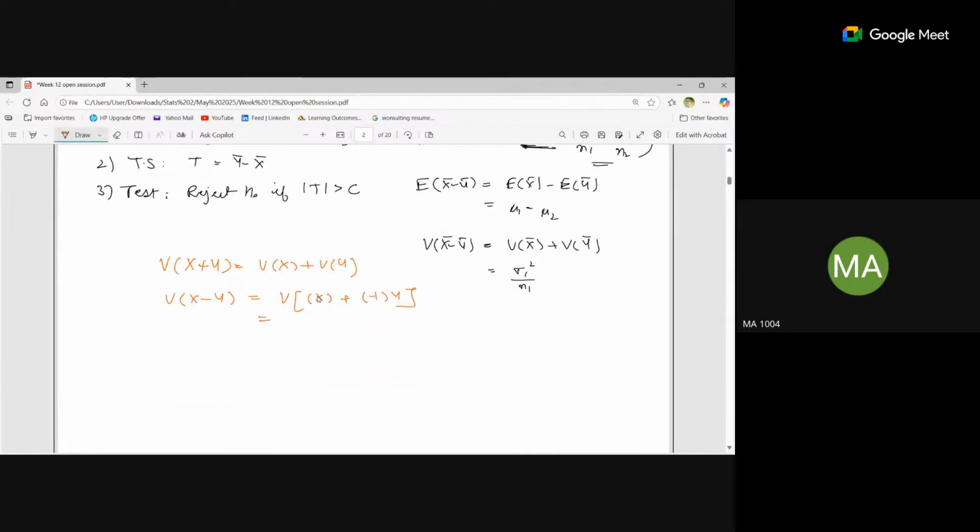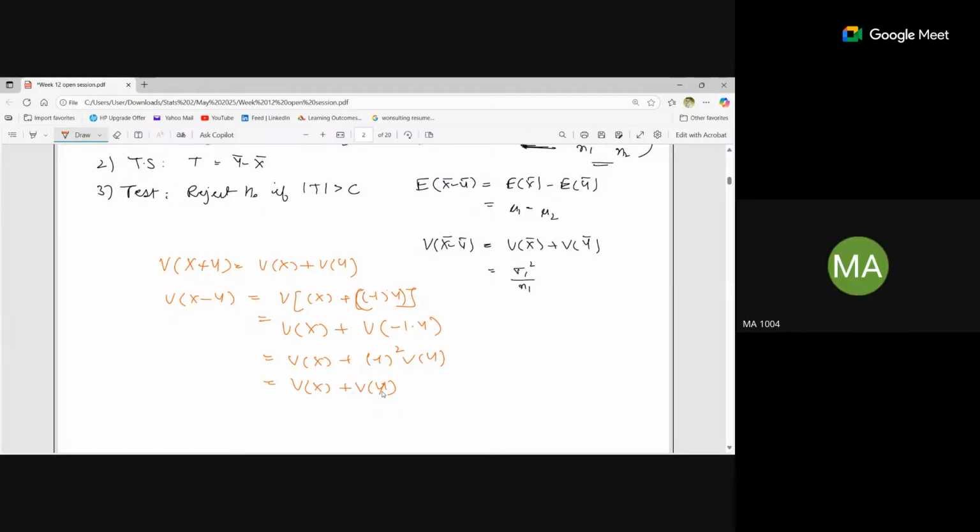So this is the variance of x plus the variance of minus 1 into y. Now this is a constant term, so this can be written as the variance of x plus minus 1 square into the variance of y. So I can write this as the variance of x plus the variance of y. Now you got the point?